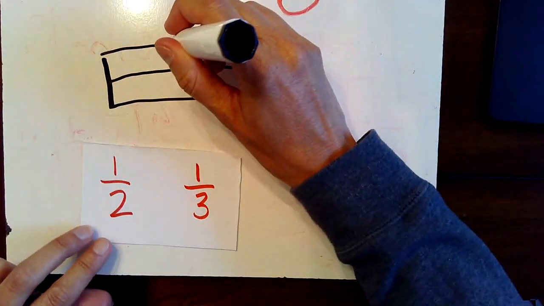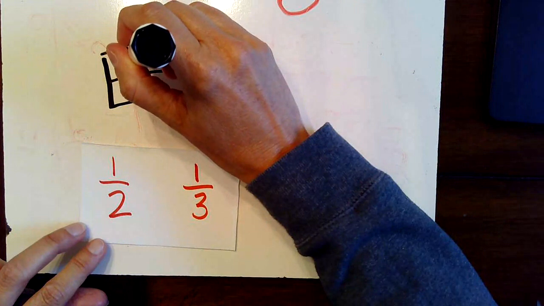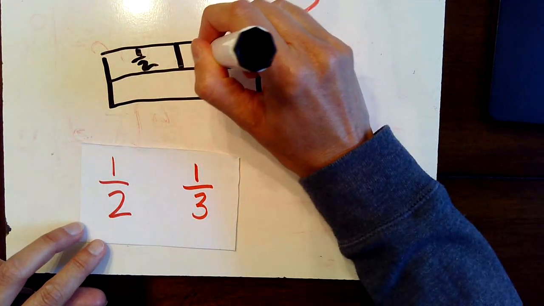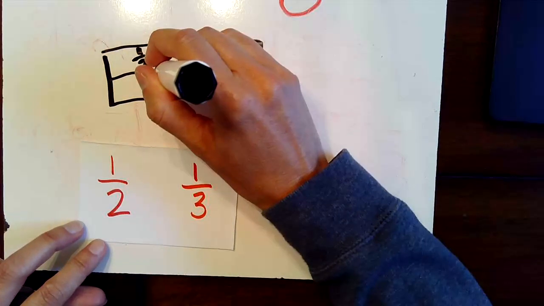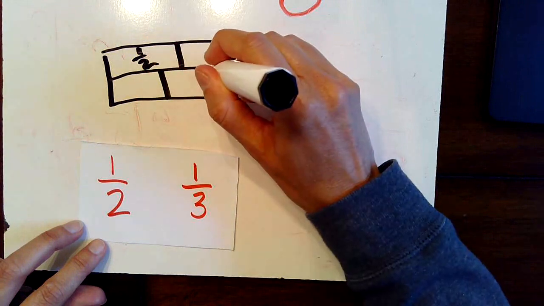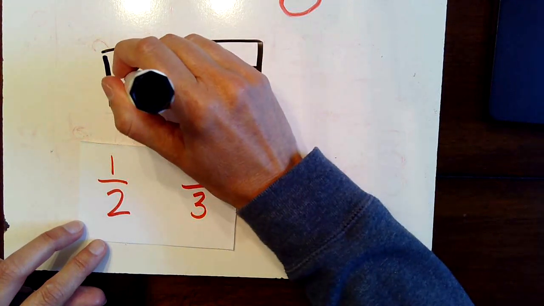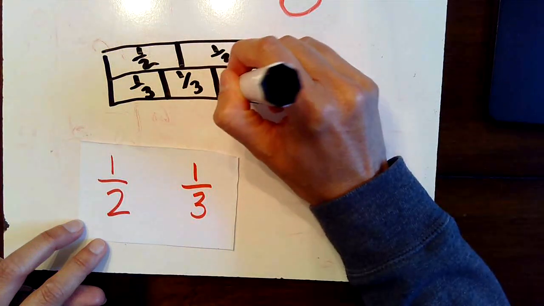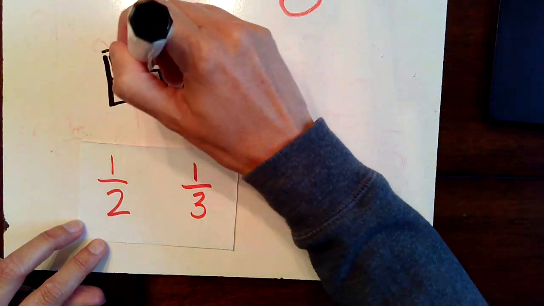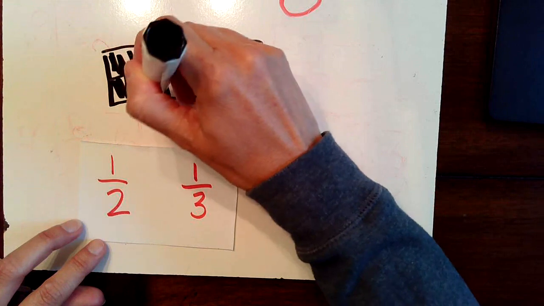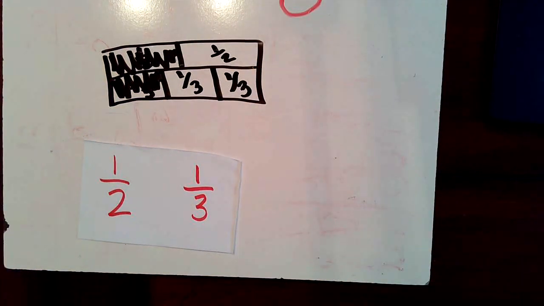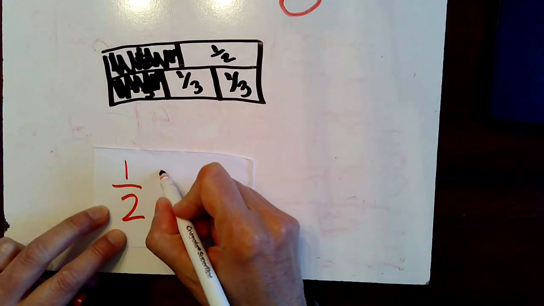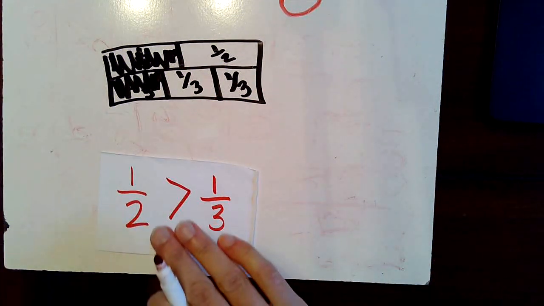I'm going to divide the top one into halves, label, kind of hard to see, and our bottom one into thirds, and label. Hope you can see that. Shade 1/2, shade 1/3. 1/2 is greater than 1/3. I hope you got that one.